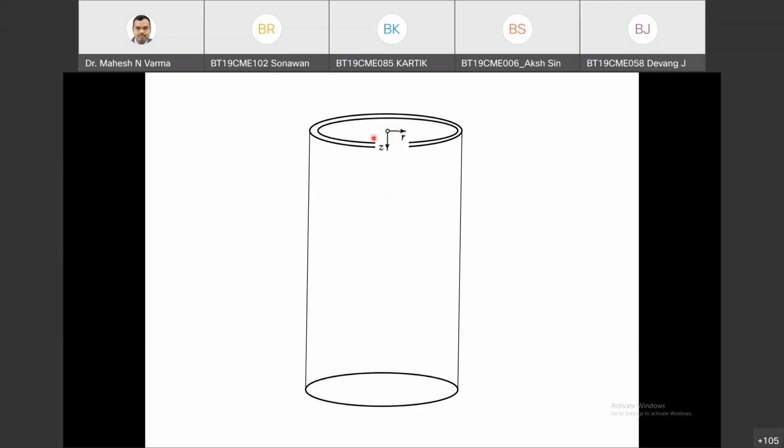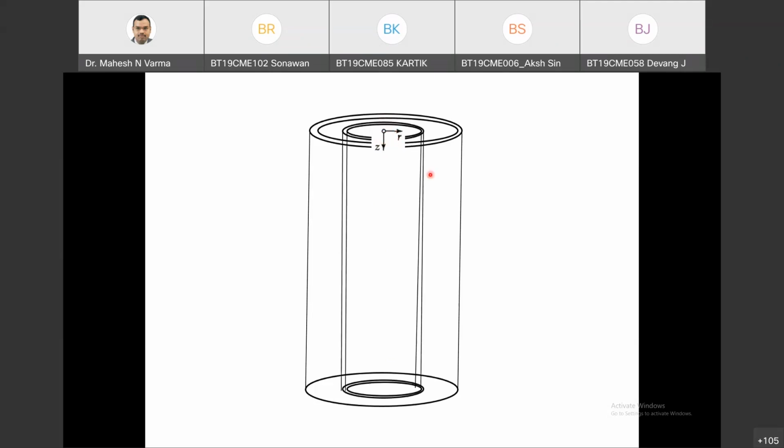Please correct this, as in the previous discussion also we wrongly took it as 180. So this is the coordinate system.